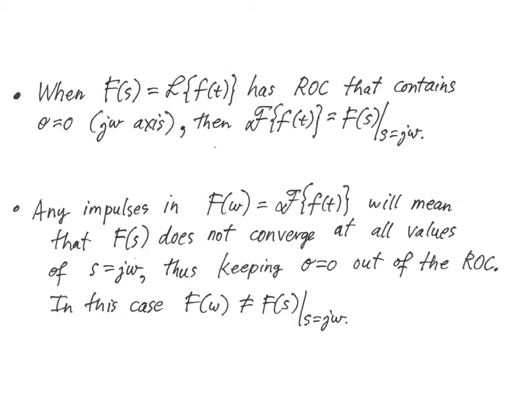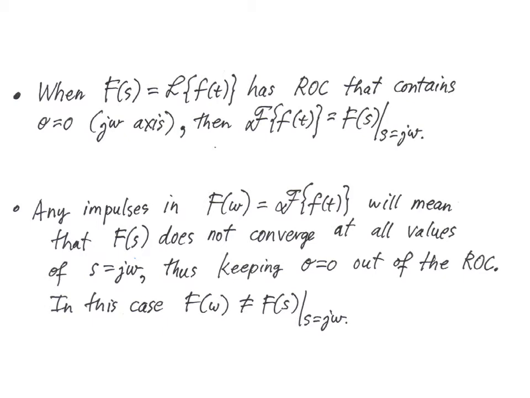Those impulses are, in fact, non-convergence. So there's no sense in allowing us to use impulses in the S domain. All we do is shift the region of convergence a little bit and we continue working as usual.